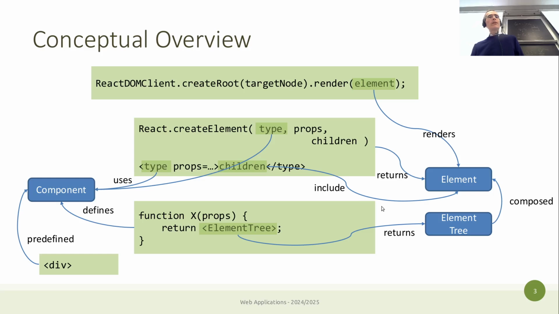Okay. So, this is how React components work at the level of React functions. It's just shown here in the slide just to make sure you have a general understanding, but you are not supposed to use these methods. Okay? We already saw this create root render that basically renders the element, and the element decide how the rest appears.